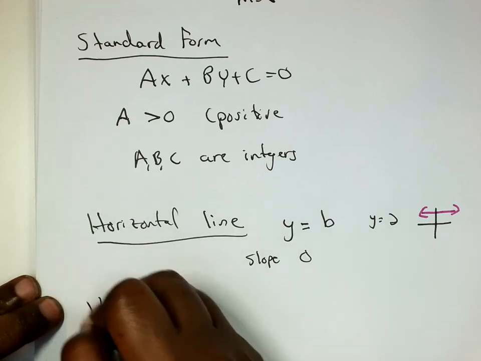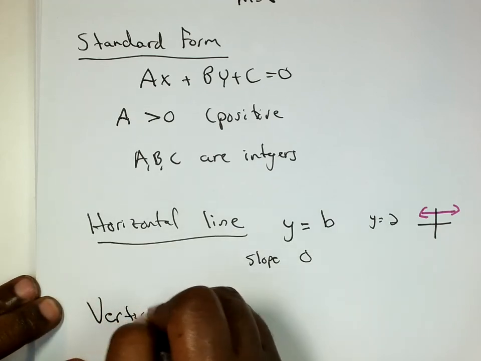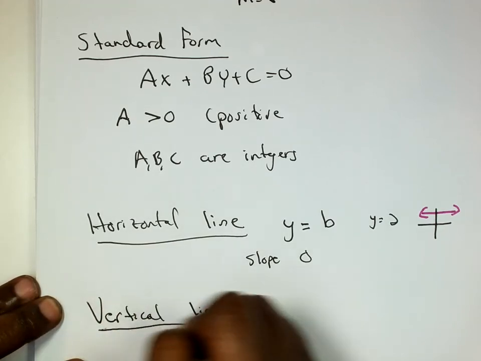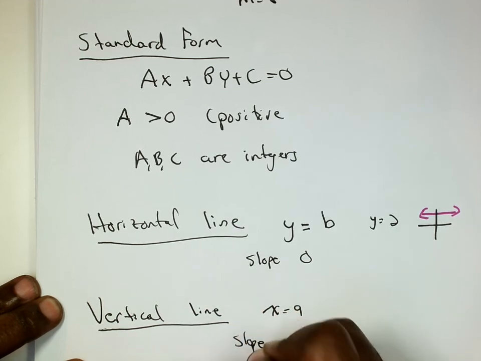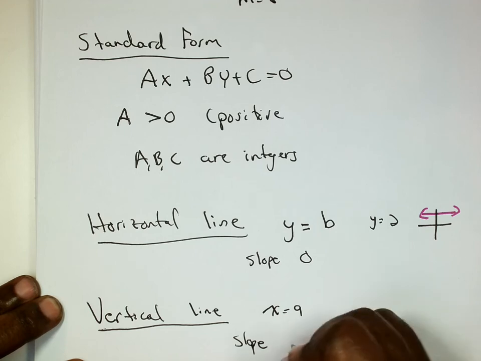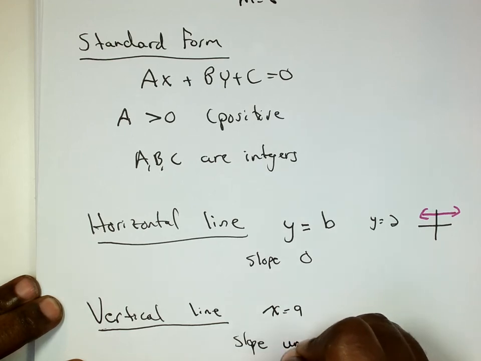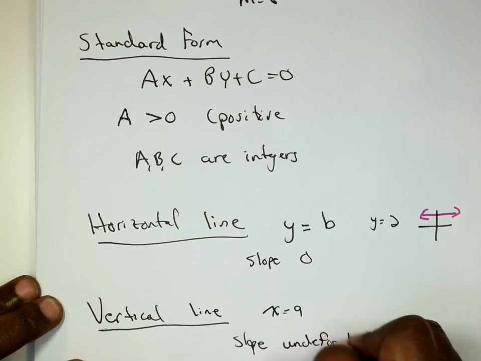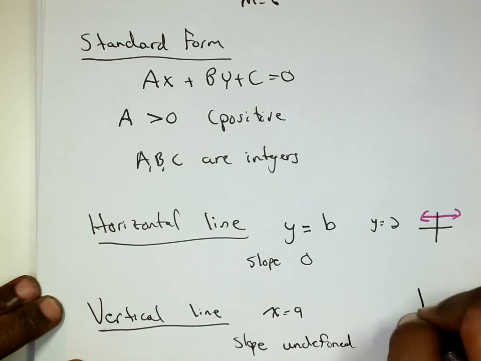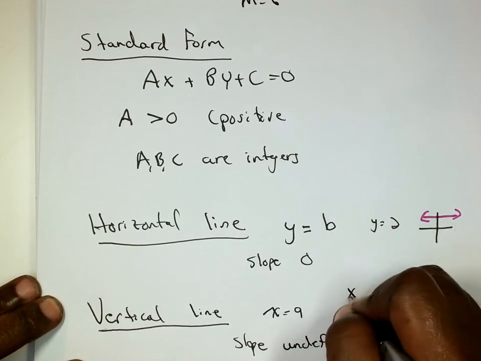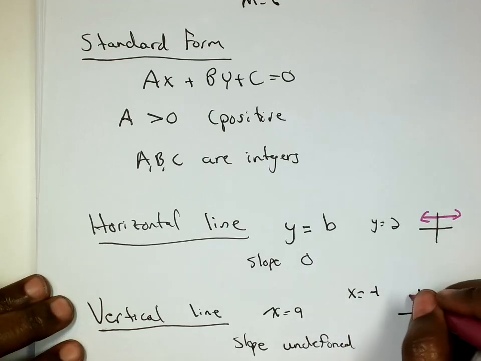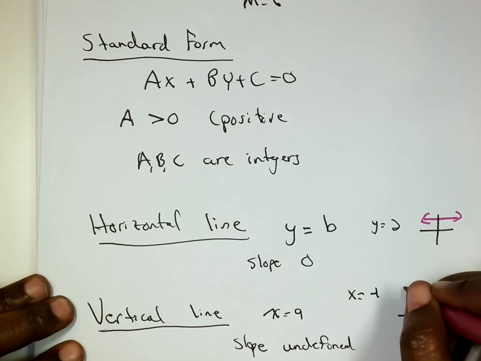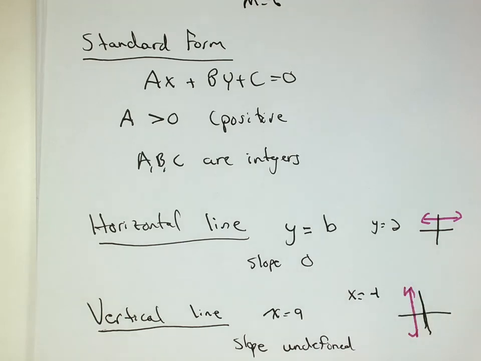And then a vertical line, it's just x equals something. The slope was undefined. So if I had x equals -1, I would just find -1, and it's straight up and down. It doesn't move at all as you go from left to right.